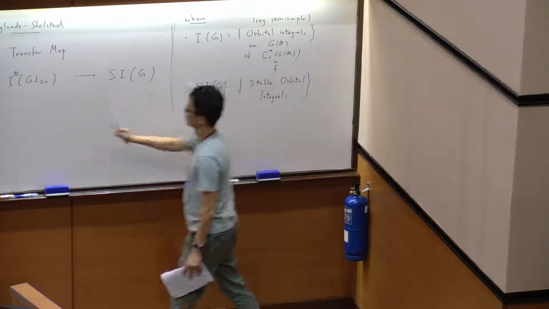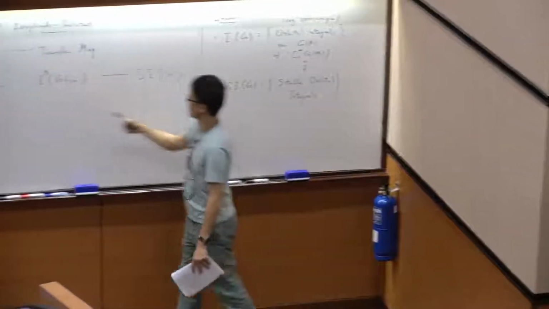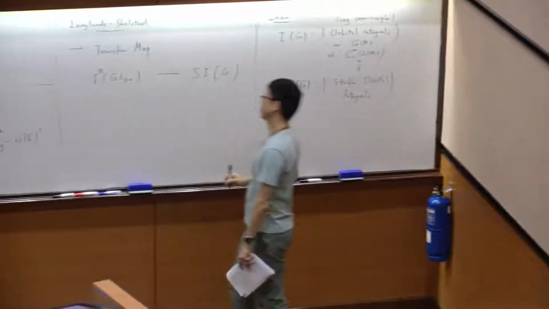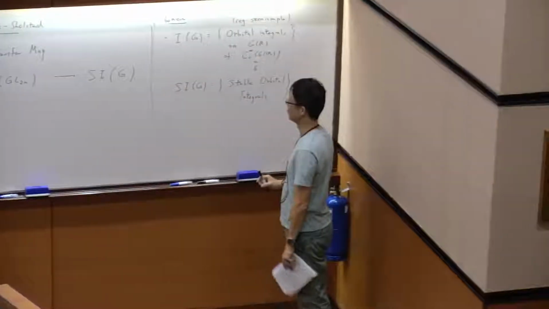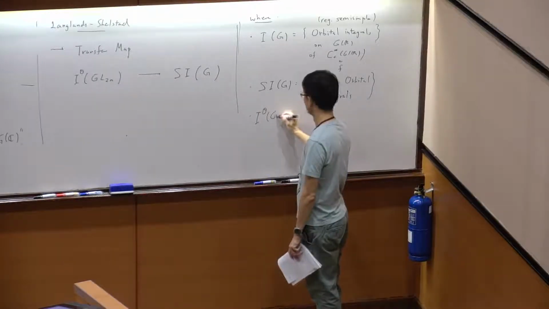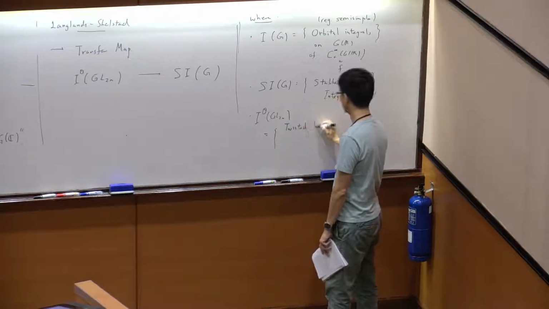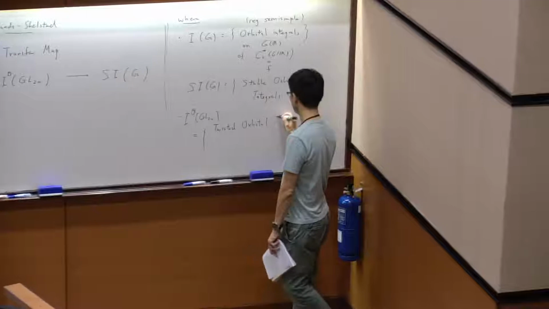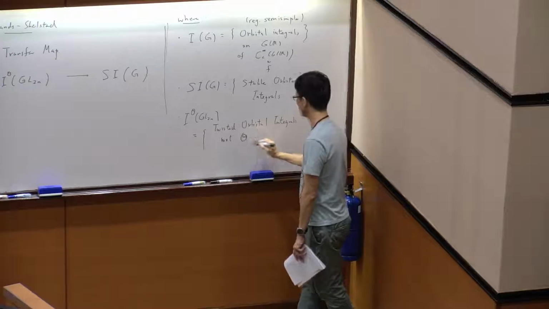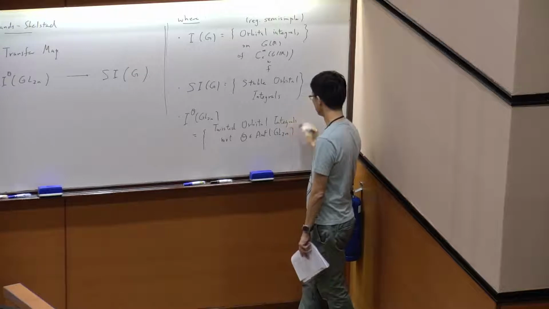Now what about this? Because you see the I, so you know it's some orbital integrals. But what is the theta? The theta refers to the fact that I theta is the space of twisted orbital integrals with respect to a certain automorphism theta of GL2N.